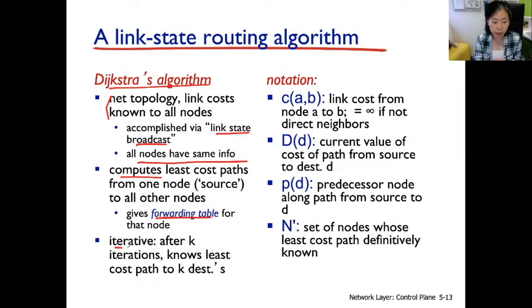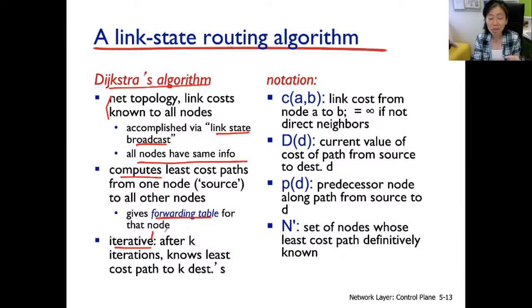Now, something extra is this. The computation itself is iterative, but it's not iterative like the distance vector. The distance vector's iteration is computation, exchange, computation, exchange; the computation part and the exchange part are iterative to each other. The iteration here means there's a loop.